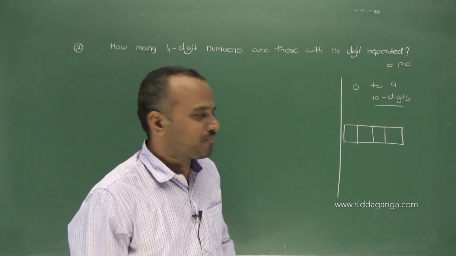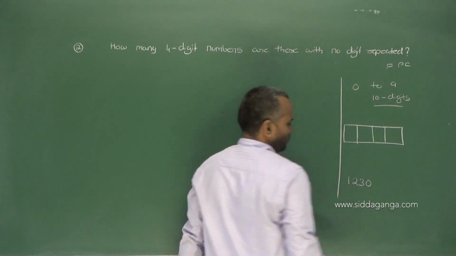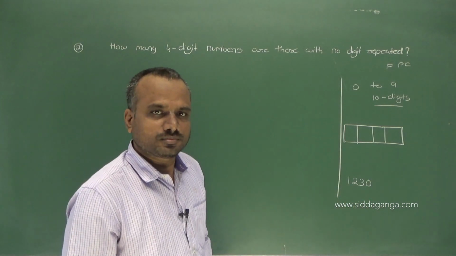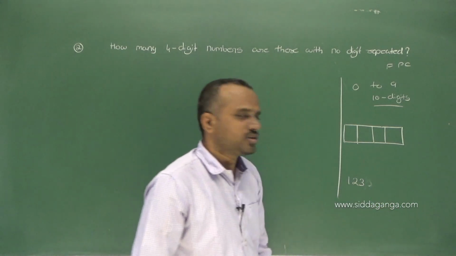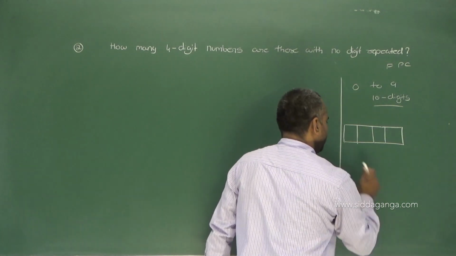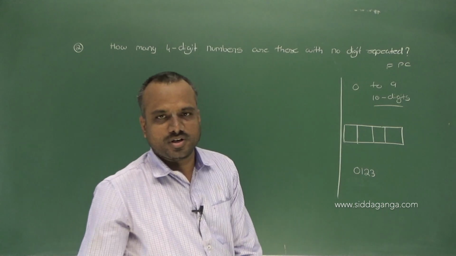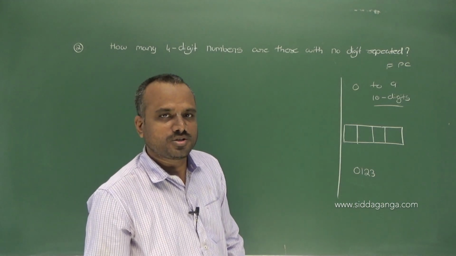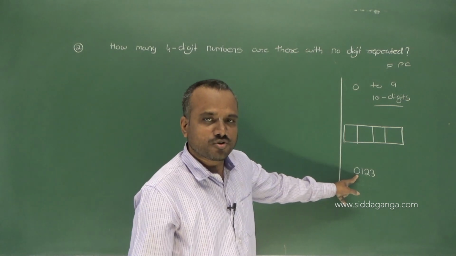A 4-digit number. If I write 1, 2, 3, 0, is this a 4-digit number? No, it is a 3-digit number. Sorry, if I write 0, 1, 2, 3, is it a 4-digit number?